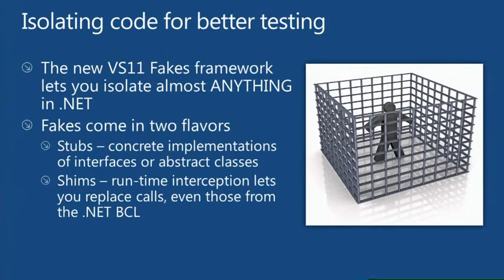The Fakes framework has two parts: stubs, which are very similar to, but not the same as, the mocks that you get from other frameworks like Moq, NMock and Rhino. But it's similar. And we also have shims. And shims are a little bit different. Shims allow you to do runtime interception and detouring.